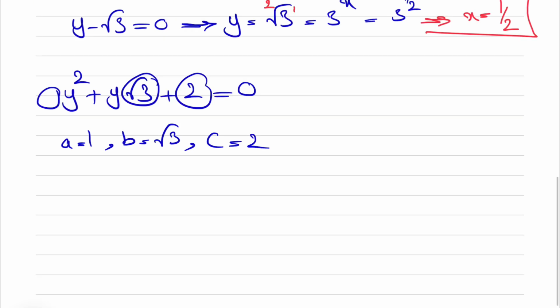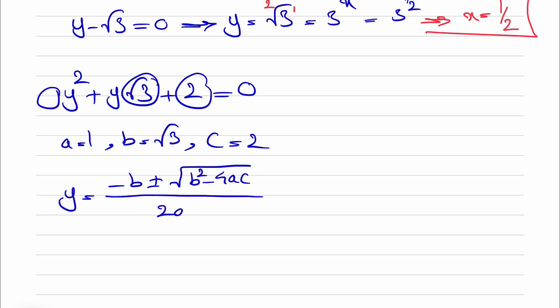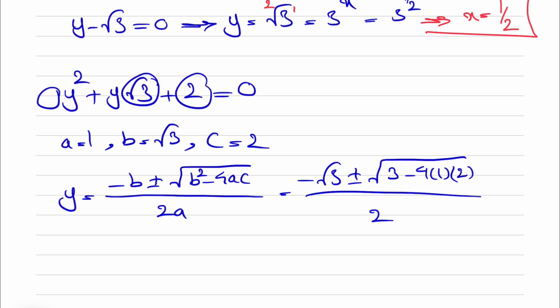So we have our quadratic formula, y is equal to minus b plus or minus the square root of b squared minus 4ac divided by 2a. So minus square root of 3 plus or minus the square root of b squared is 3 minus 4 times 1 times 2, divided by 2. Looking at this, we can see that under the square root we have 3 minus 8, which is minus 5. So the discriminant is negative, meaning we cannot find any real numbers in here.